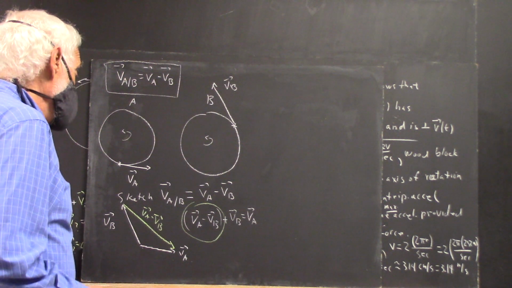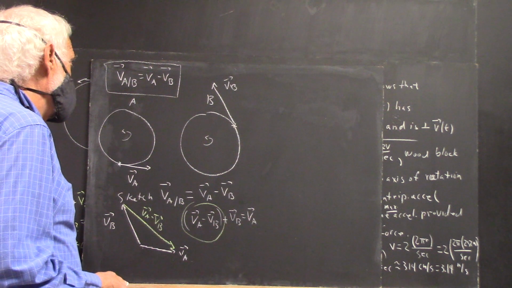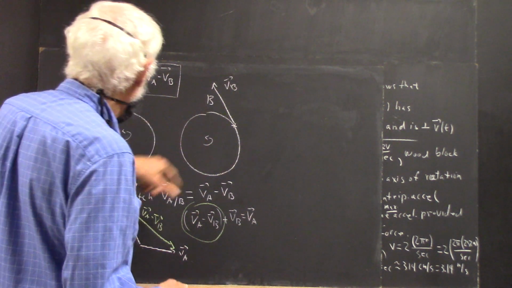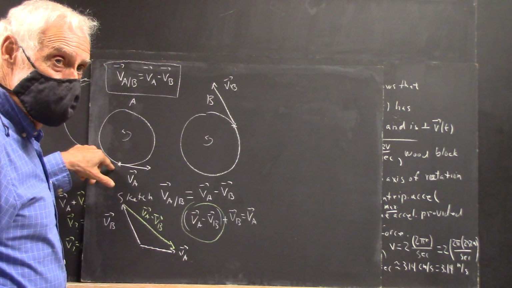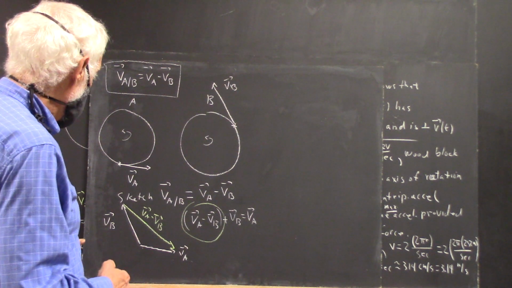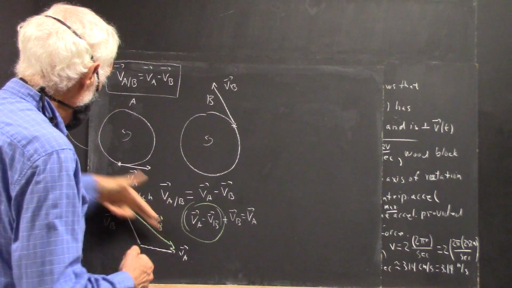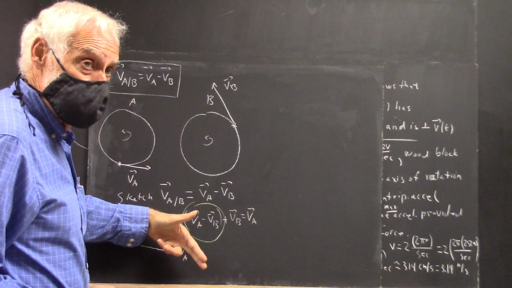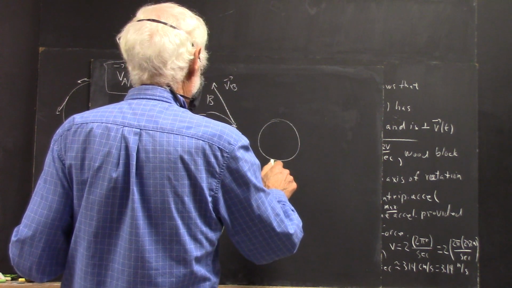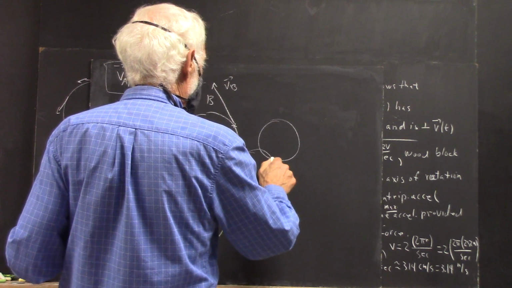So if this path overlapped this path, so that they were about to meet, then the guy at B would see this guy approaching him along this direction, if you superimpose these so that this point and this point are the same.